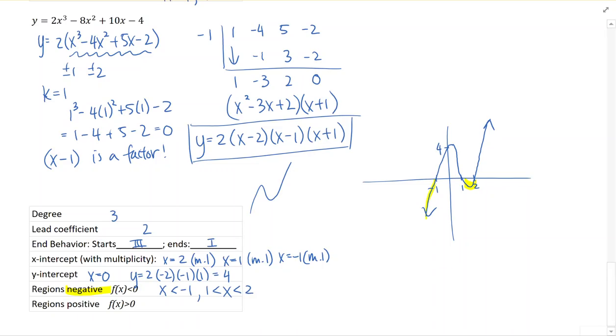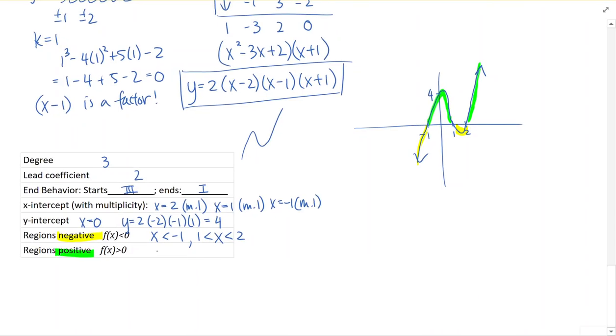Regions that are positive will be here and here, which means that is when x is between -1 and 1, and when x is greater than 2. Okay? So that is a wrap for chapter 3.